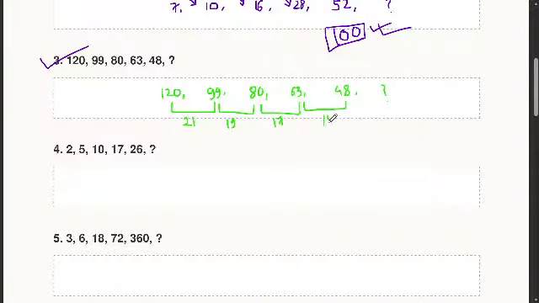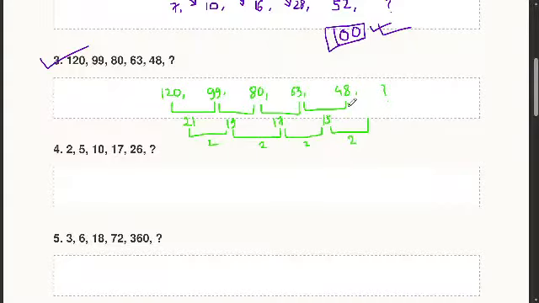Okay. So we can clearly see that here the difference is 2. The difference is 2. The difference is 2. So similarly, in this case also the difference will be 2.